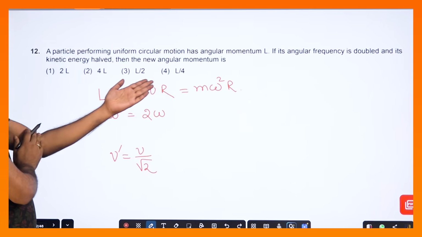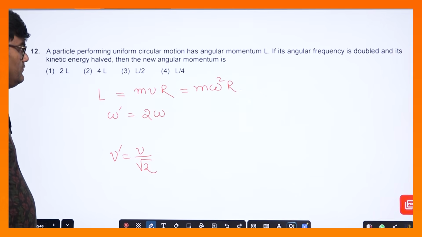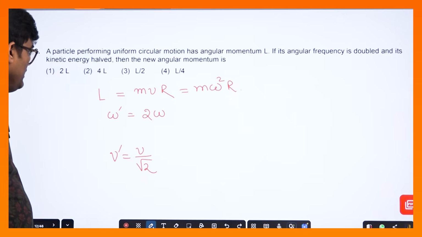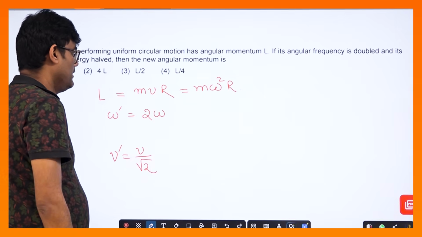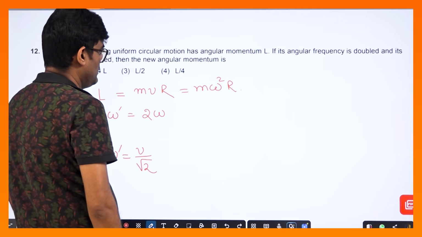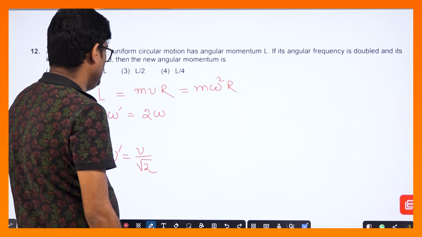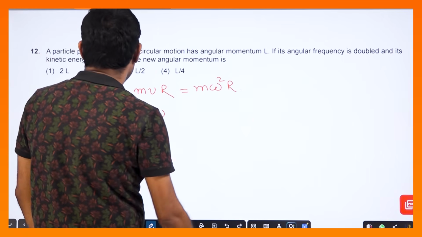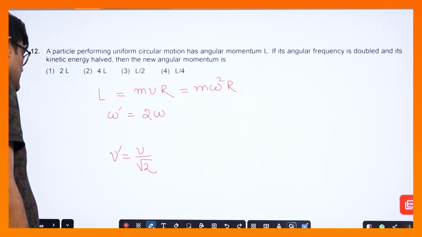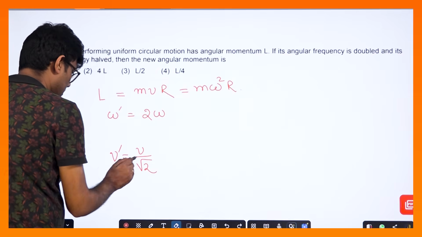I don't think that kinetic energy will come in the expression any moment, right? Kinetic energy means the radius will also change, right? There are so many things possible in this question. The question is not complete, I think.